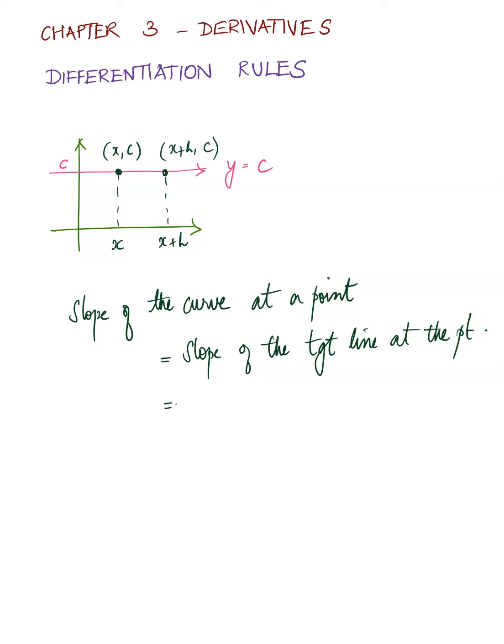And we see that here, if my point of interest was x comma c, the tangent line there will be that horizontal line, right? So it's the slope of the horizontal line because the tangent line coincides with the graph, the pink graph itself. We know the slope of any horizontal line is 0.